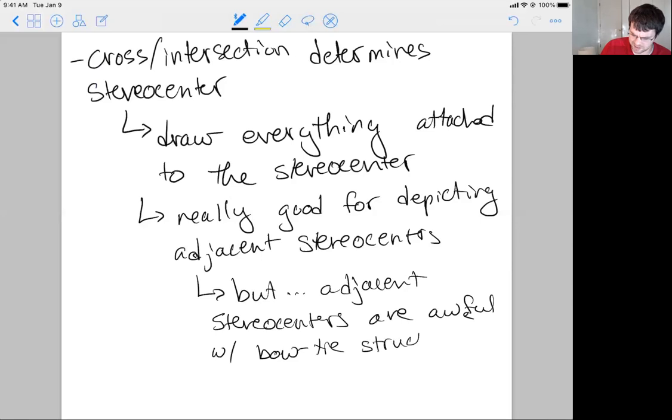Now, wait a second, Willoughby. Didn't you just say that the Fischer projection is a bow tie structure, just with lines instead of wedges and dashes?